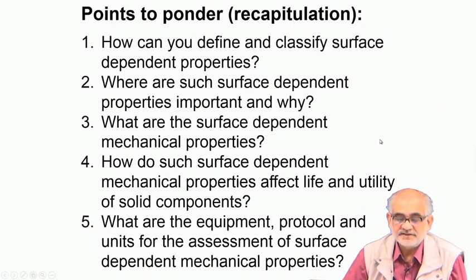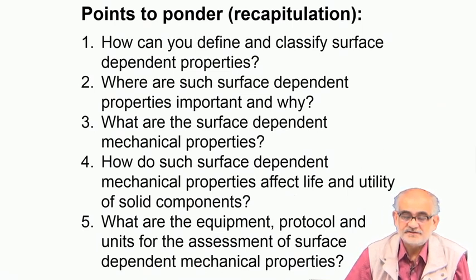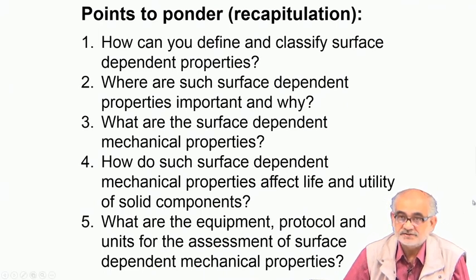They certainly affect the overall life and utility of solid components, the surface, mechanical stresses applied onto the surface. So, we need to understand where they arise from, how are they affected, and how can we improve upon them by either changing the microstructure or composition or state of stress on the surface.